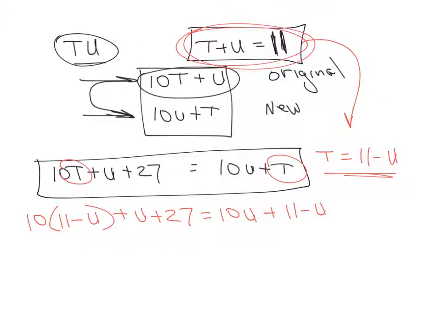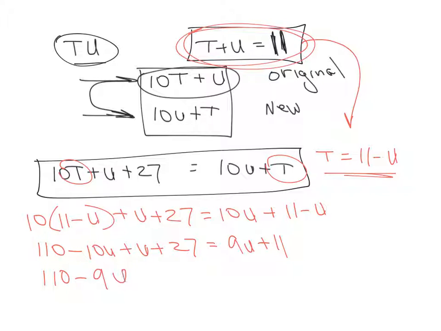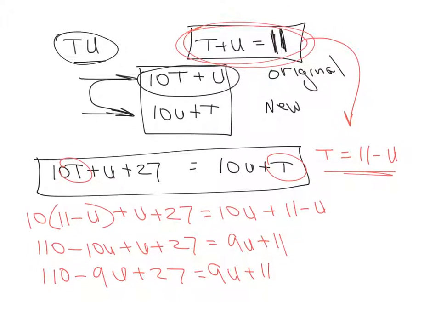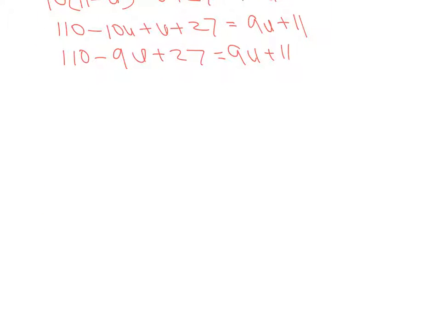Alright, so now I have 110 minus 10u plus u plus 27 equals 9u plus 11. Let's just keep going here. 110 minus 9u. Okay, let's move this up. All I'm trying to do is solve for u here.